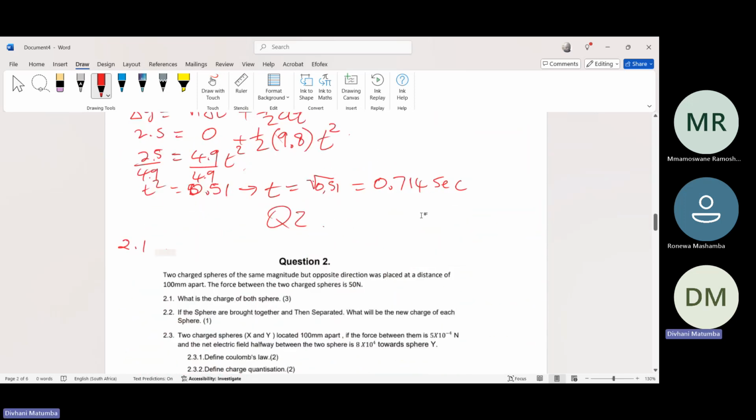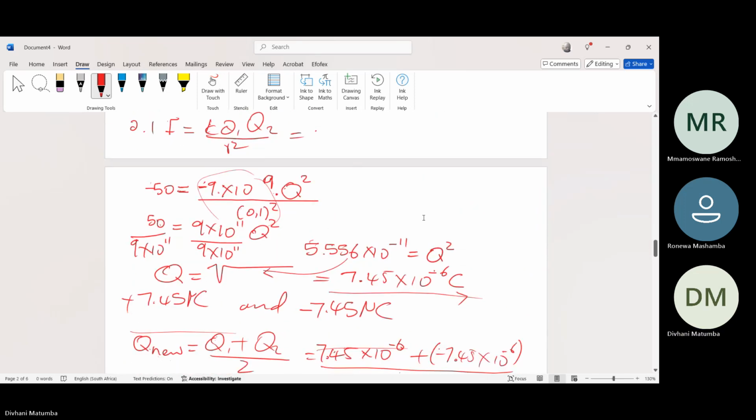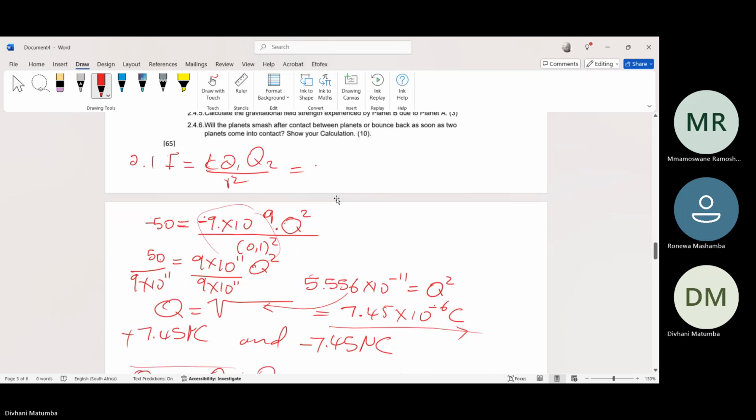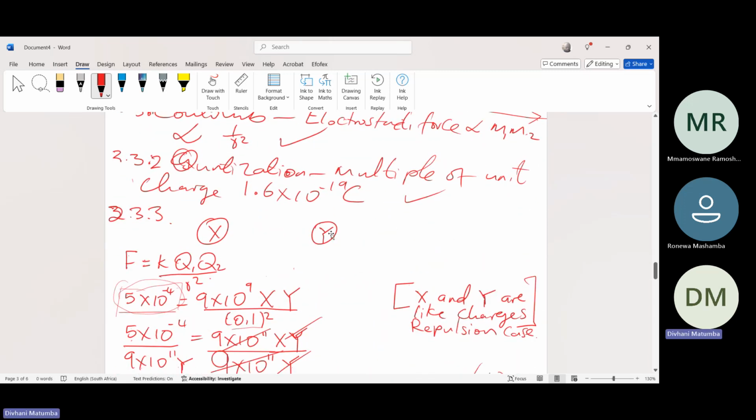Let me go back to where we were. We were here. So if I put an object midway, this sphere will produce an electric field.